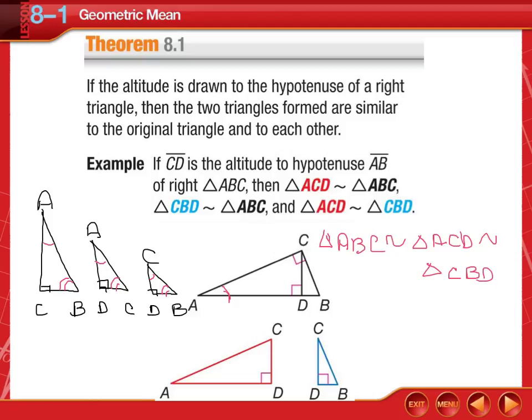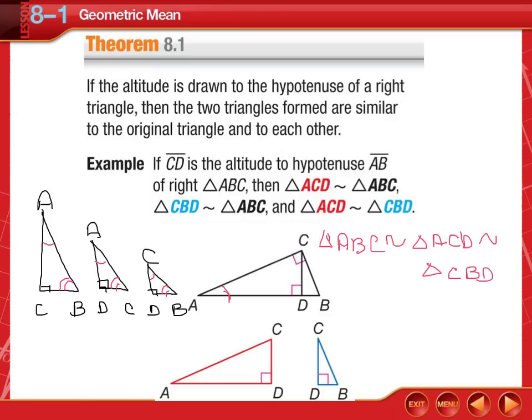In every case, the right angle is in the third position. In every case, the single arc angle is in the first position, and the double arc is in the second position. And that was just determined by how I wrote these first, and these are now in corresponding order.